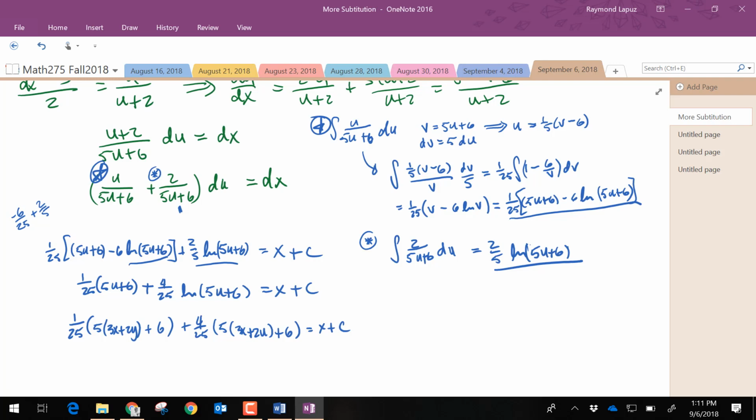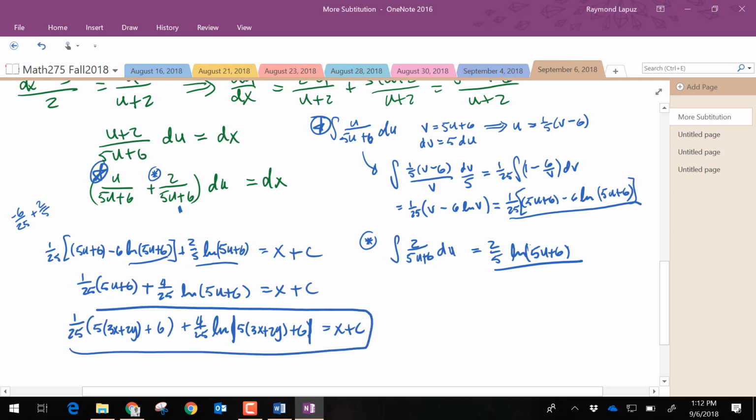Well, you would normally leave your answer like this, but we're not quite done yet because we have an initial condition, so we need to solve. All right. So this would be our general solution.